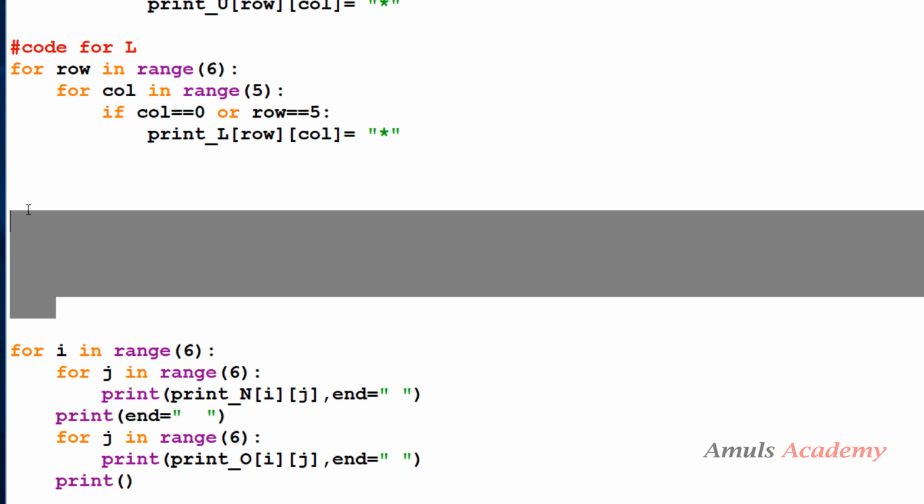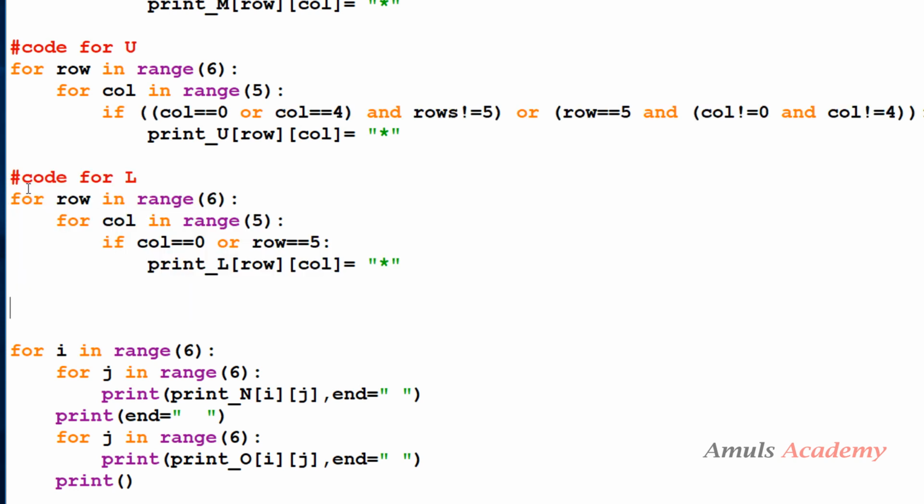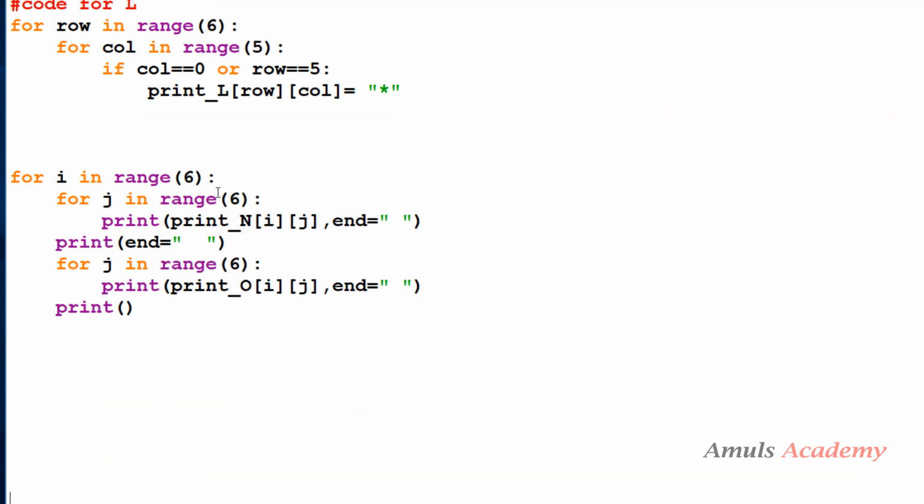So next, here we need to print that, right? So here 6 in 5 range. First I'll print A. Next I need to print M. And I need to print U, right?